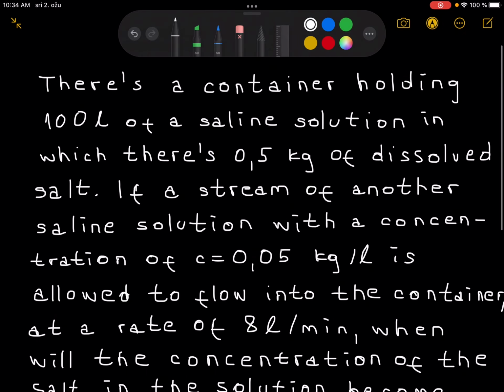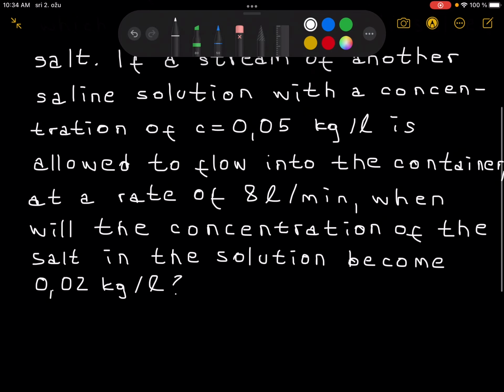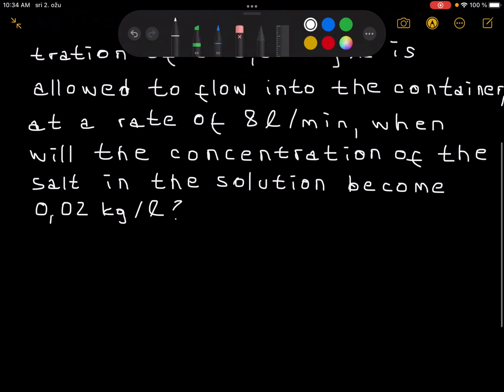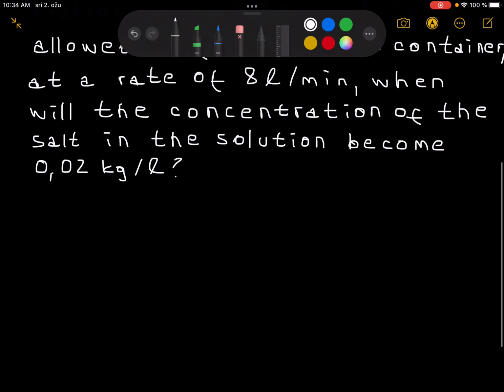For our first step, we're going to find out just how exactly the volume of the solution is changing. The volume going into the container is equal to 8 liters per minute. So that means that volume prime is equal to 8.